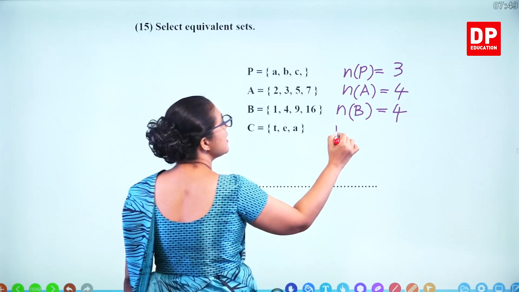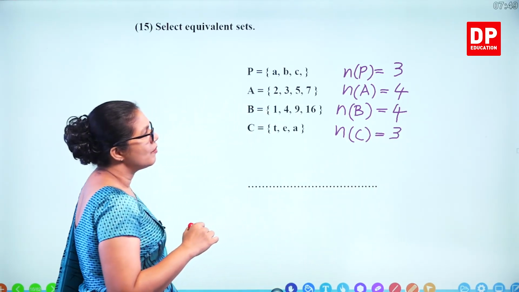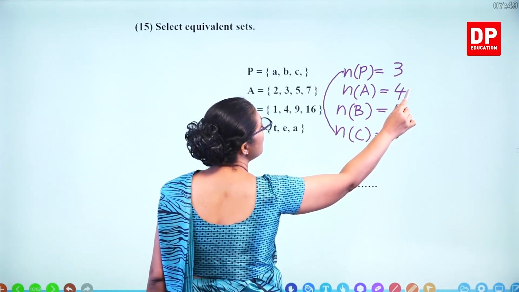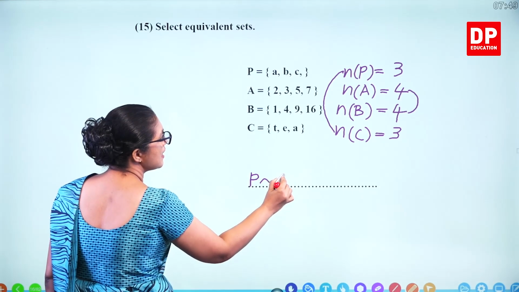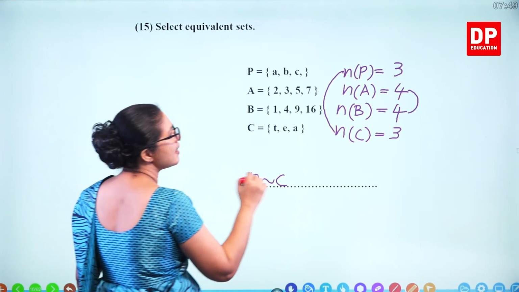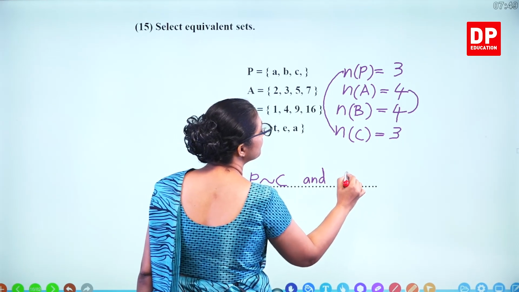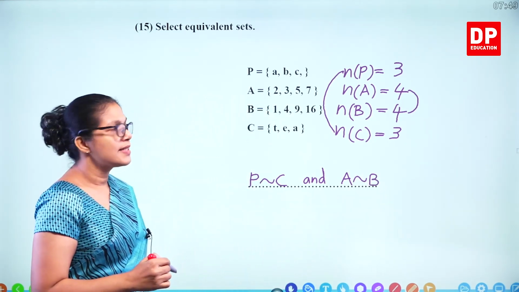And in C, 1, 2, 3. Now, what are the equivalent ones? These two and these two. So you can write P and C, equivalent sets, and A and B also. A and B are equivalent sets.